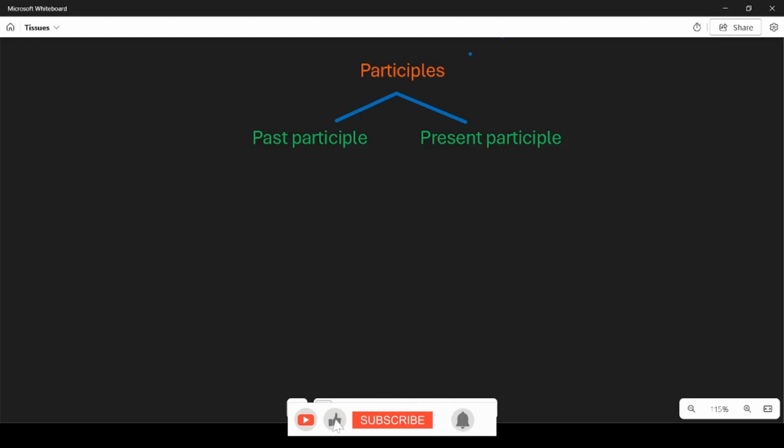A present participle is a form of a verb that ends in ing, and the past participle of a verb usually ends in ed, d, t, en or n.